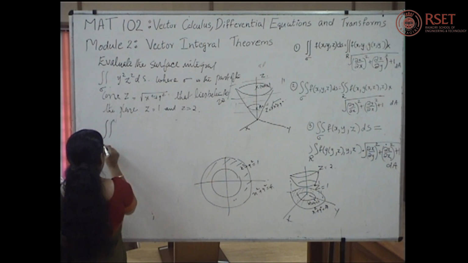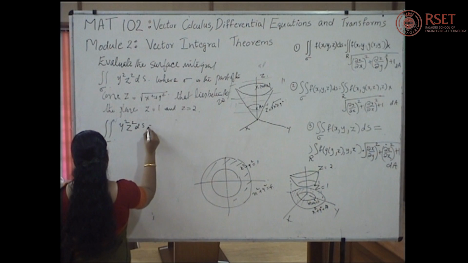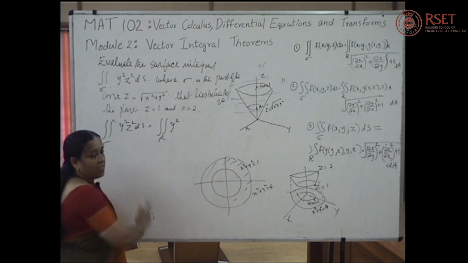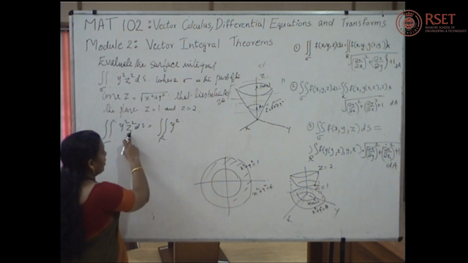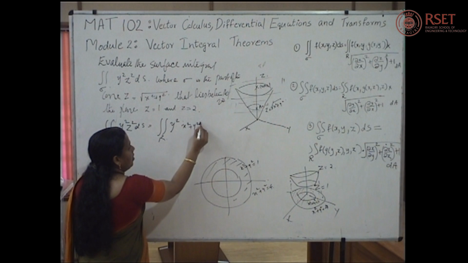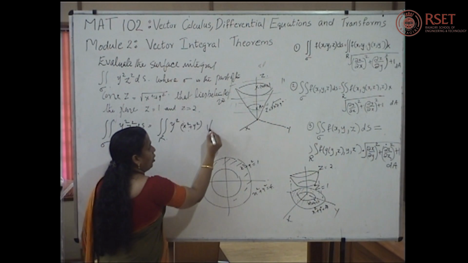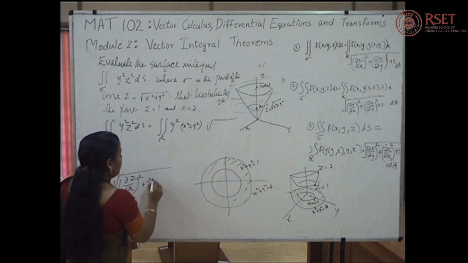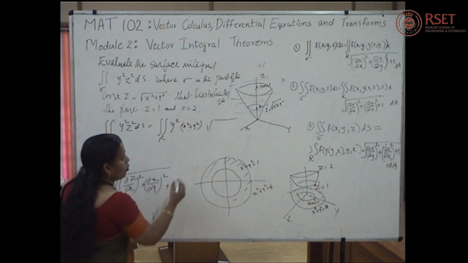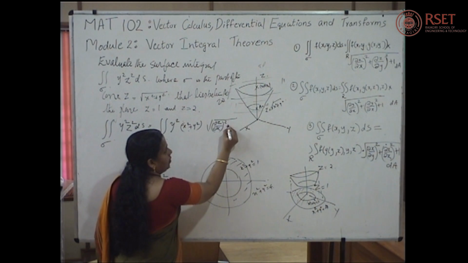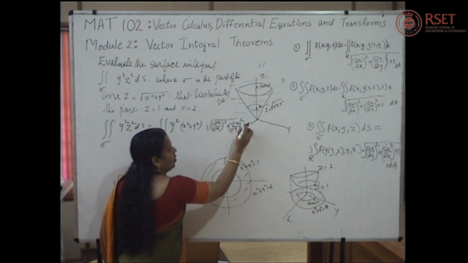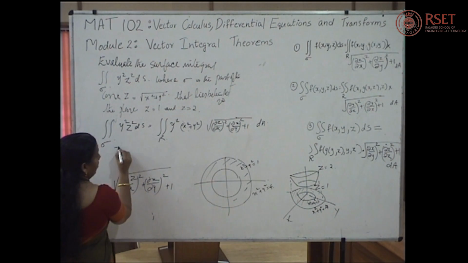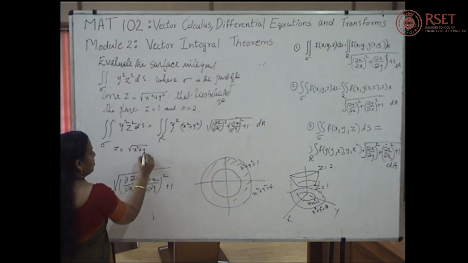That is, the double integral over sigma of y² z² dS is equal to the double integral over R of y² into z², where z is equal to the square root of x² + y². Therefore, z² is equal to x² + y², into the square root of (∂z/∂x)² + (∂z/∂y)² + 1 dA, where z = √(x² + y²).